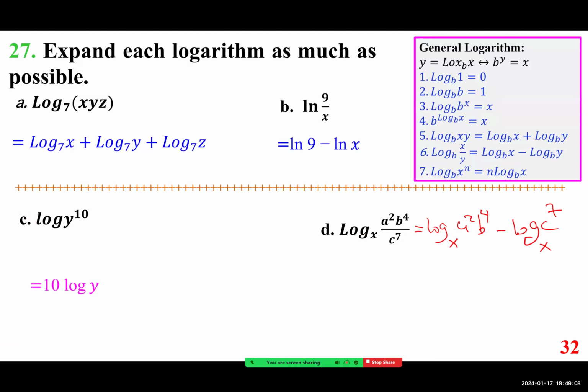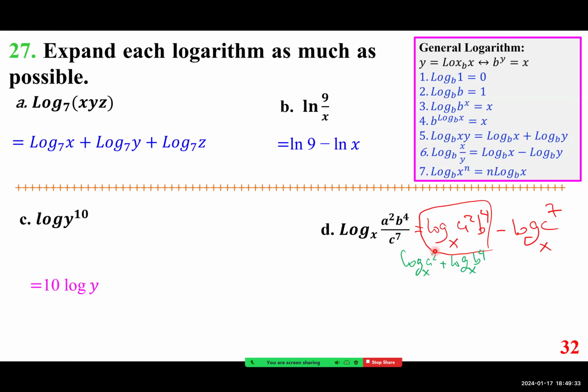Now, this one, we can write it as log a squared base x plus log b to the power of 4 base x.